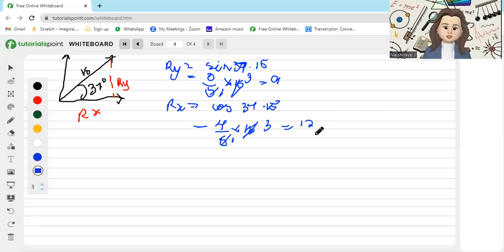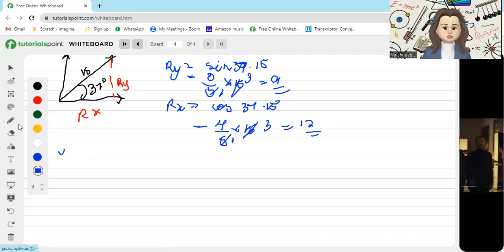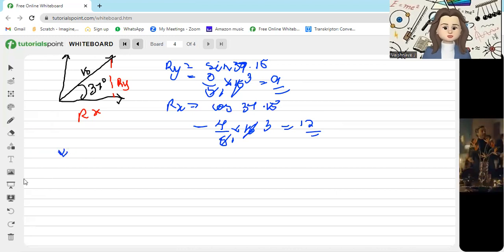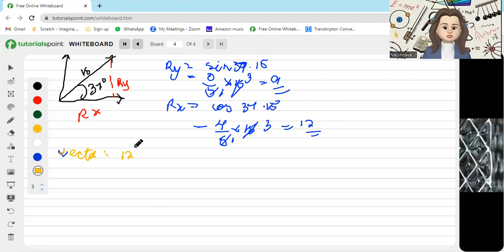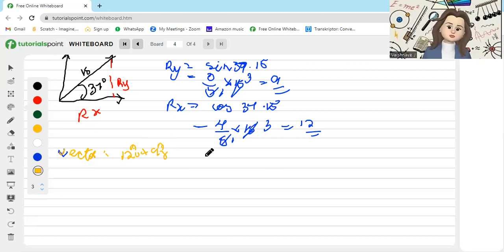So we got rx and ry. Can we write the vector form as 12i cap plus 9j cap? Clear? This is how you write it. Understood?